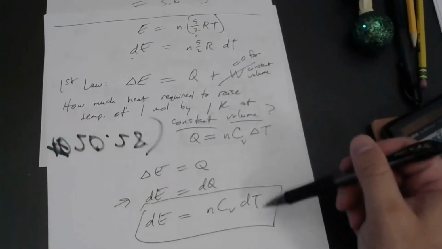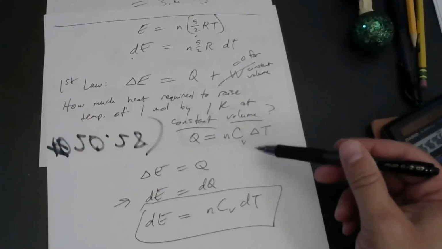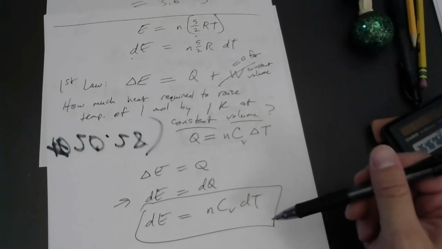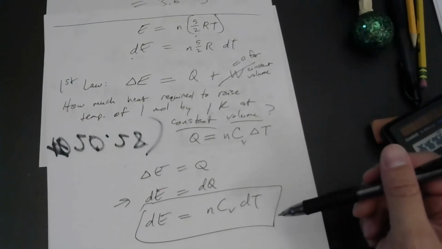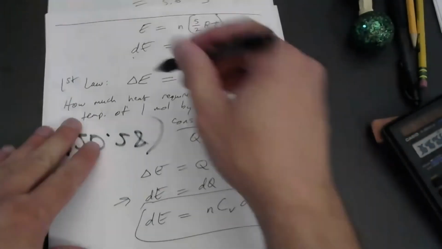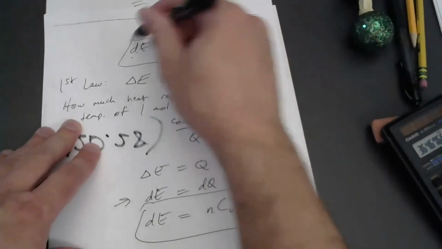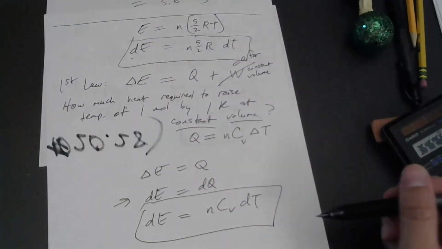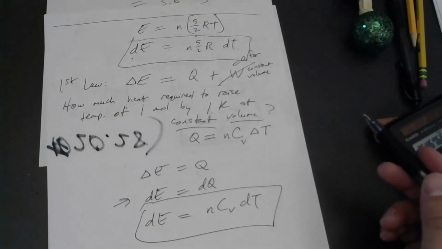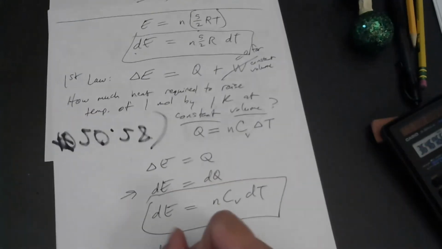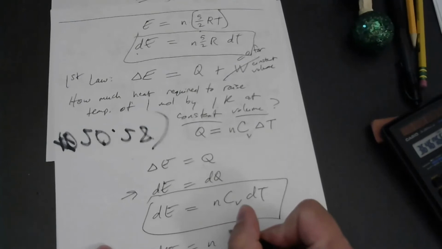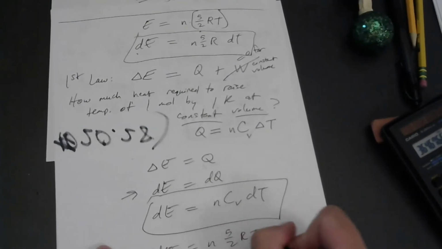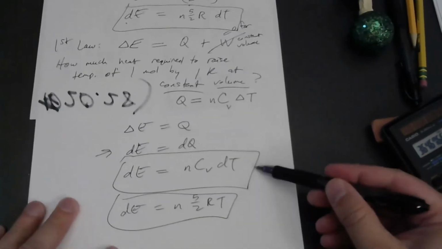Okay, so this equation follows from my series of logical statements about heat capacity. But if you compare that to the one we got up here from the equipartition theorem and the recognition that all the energy comes from the kinetic energy, I'll just rewrite that down here. We just compare the two.